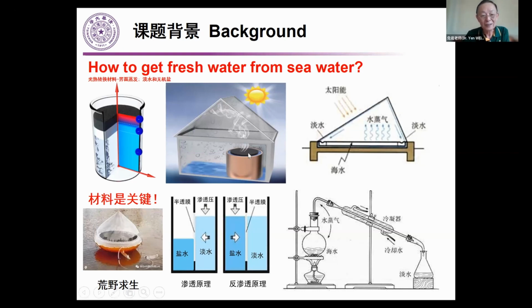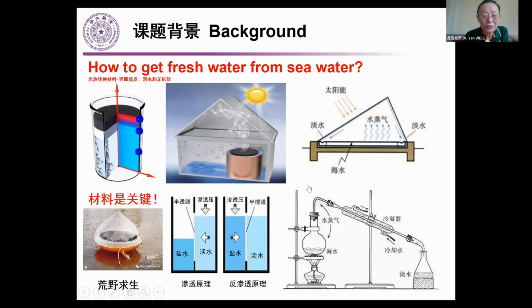Now, that comes out. If we put a material, artificial, we create a material on the top of seawater, they can suck in all the sunlight, absorb all the sunlight, and then evaporate, and we correctly evaporate the water, and then we get the fresh water. That's the strategy.